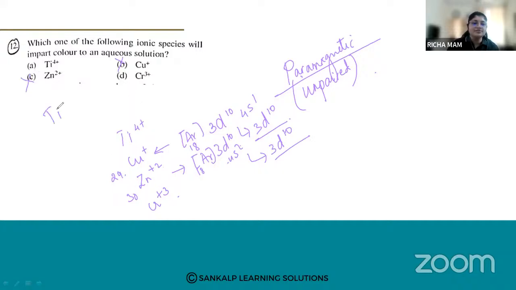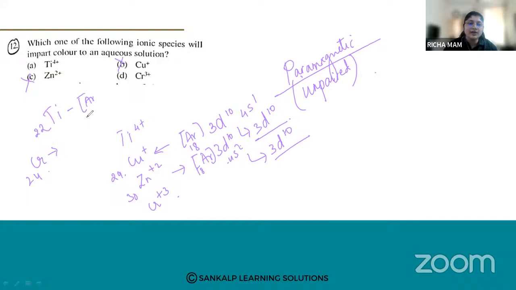Then titanium. Do it for titanium and then for chromium. Just see how much you will get for titanium and chromium. Chromium is 24, titanium is 22.